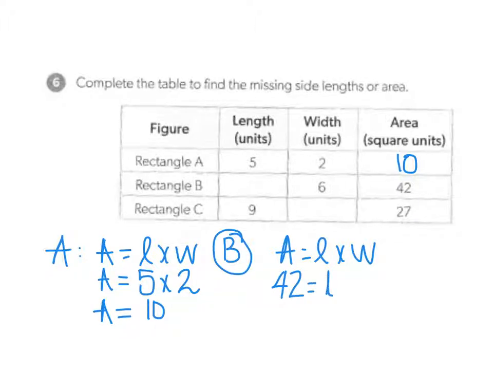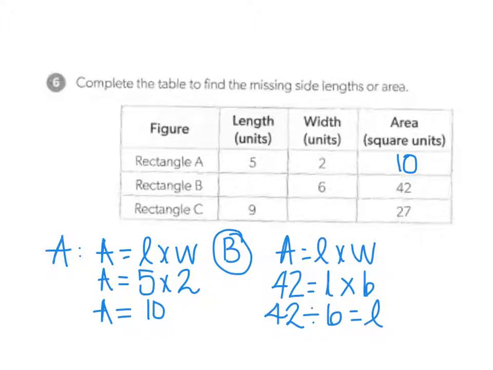The length I'm not sure about, so I'm going to leave it as L, and the width was 6. So what do I need to do with 42 and 6 to find the missing length? I need to do the opposite operation that it's asking me to use. So the opposite of multiplication is division.